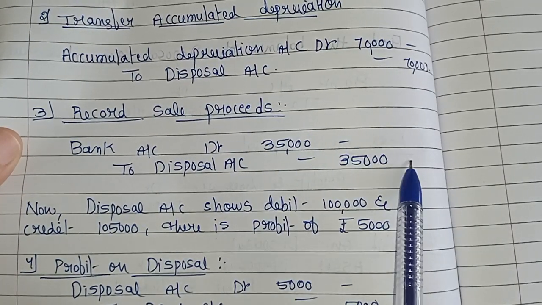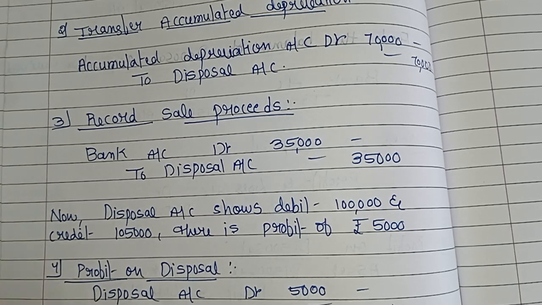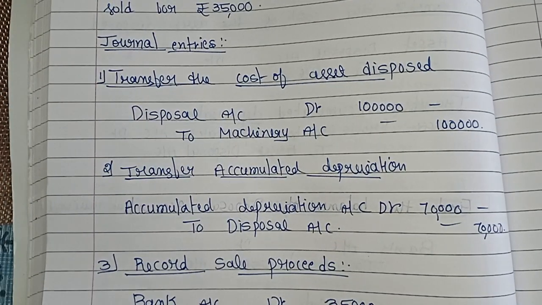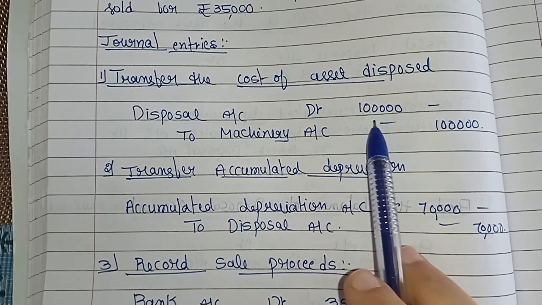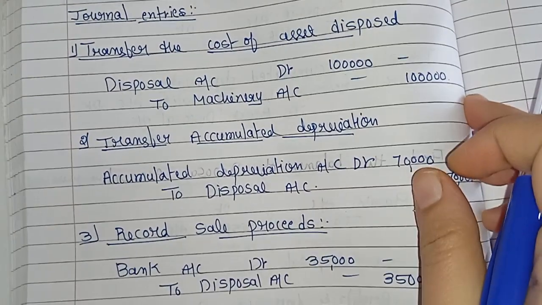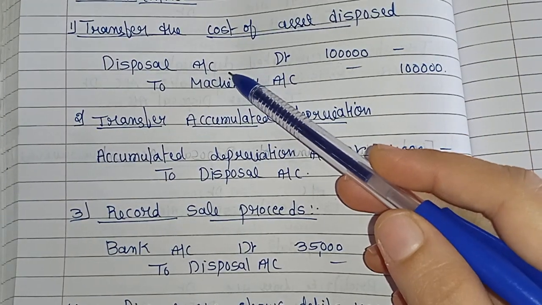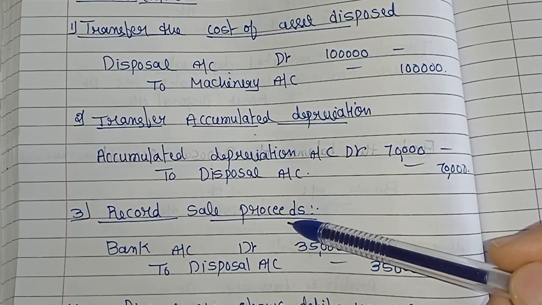Now we need to find out whether it is profit or loss. Now the disposal account shows a debit of rupees 1 lakh, right? Observe these three entries: transfer the cost of asset disposed, transfer accumulated depreciation, and record sale proceeds.